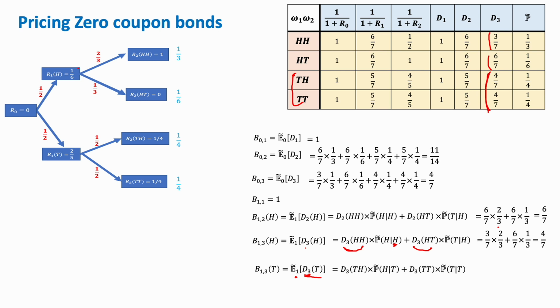And to compute this, we will need the probability of getting a H, given that the first coin toss was a tail. The probability of getting a H is one half, and the other one is 1/2 also. And you can easily do the computation as well and find the values. So I think this is all I want to show in this video. Hopefully this is helpful. Thank you.